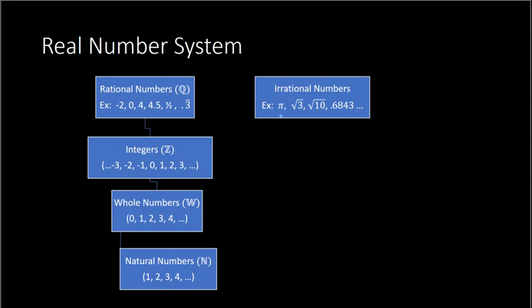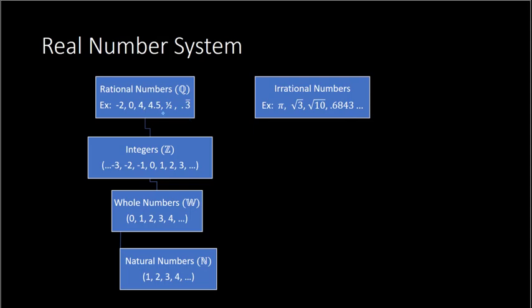It is 3.14159265535, etc. And any square root that is not a perfect square, like the square root of 3, the square root of 10, etc., would all be irrational. And then here we see 0.6843, etc. It's not repeating, so this would also be irrational because it keeps going on forever without repeating.